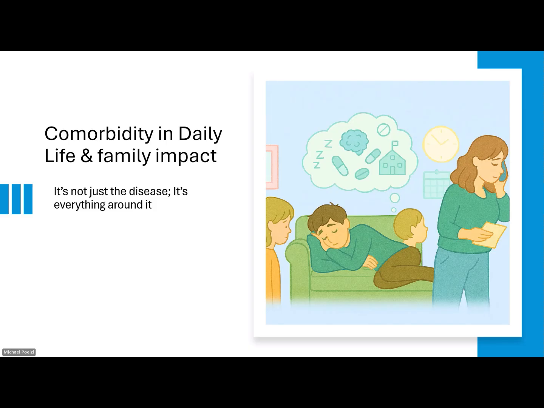There is loss of normal routines and invisible emotional labor. With the school pressure, there's also social withdrawal. Sometimes the comorbidity becomes a bigger challenge than the disease itself, not because it's more dangerous, but because it's more constant, more invisible, and more misunderstood. We too learned that comorbidity requires more than medical care. It calls for emotional resilience.